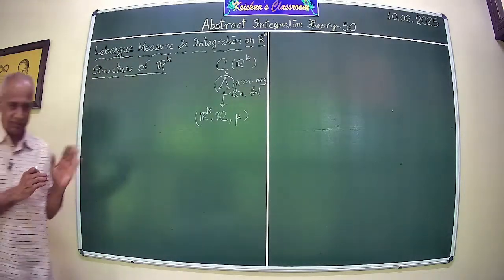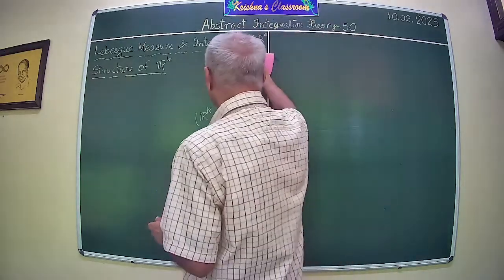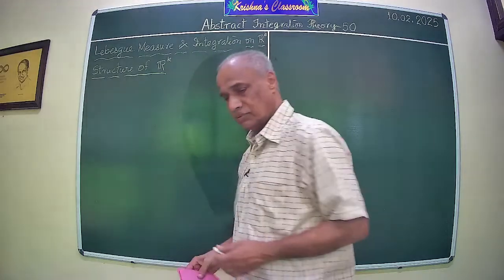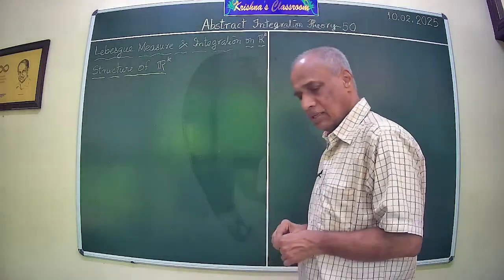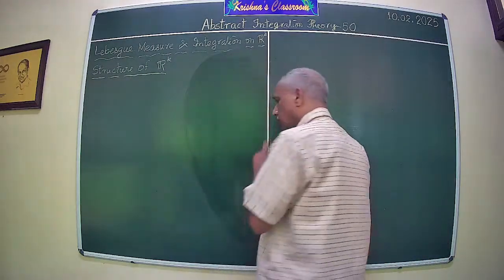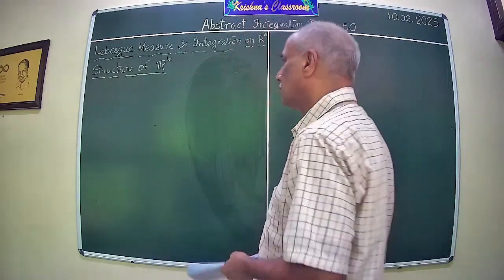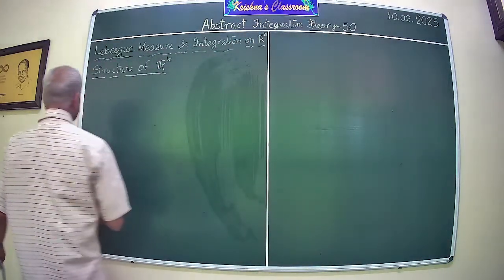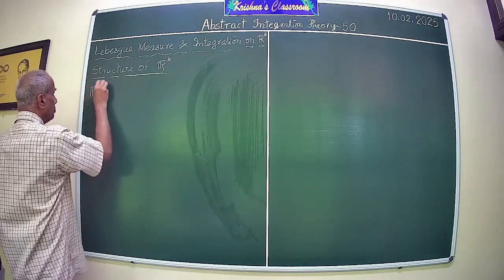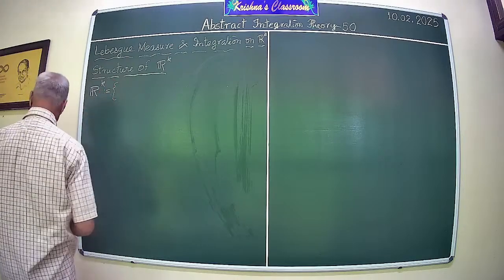So with this objective, we start with looking at the structure of R^k. This we already know. But still, it is better to fix the notation before we start with the development of the theory. So let us make some definitions and notations which are required for our purpose.